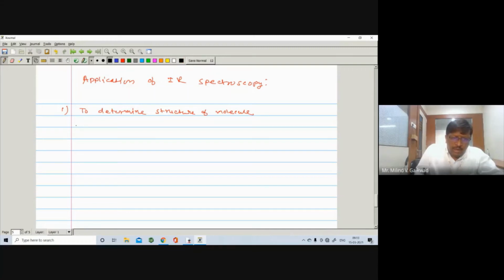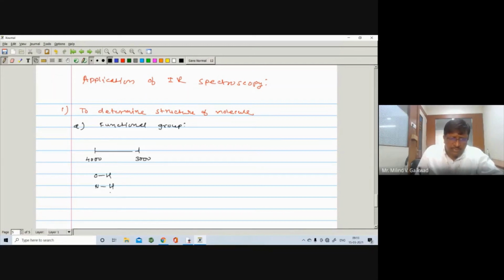Under this point, we can write, one, we can find out the functional group region. It is useful to find out the functional group. We can take any band. For example, suppose there is a spectrum between 4,000 and 3,000. If there is oxygen, you may say there is the presence of OH.